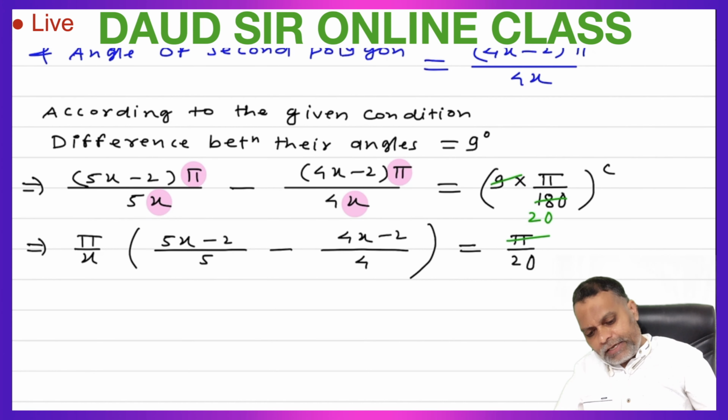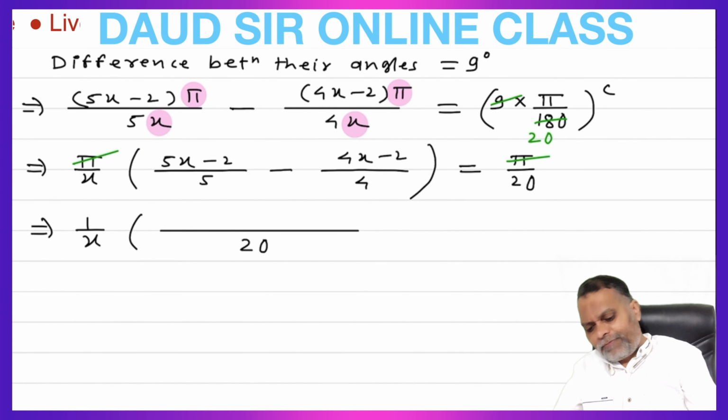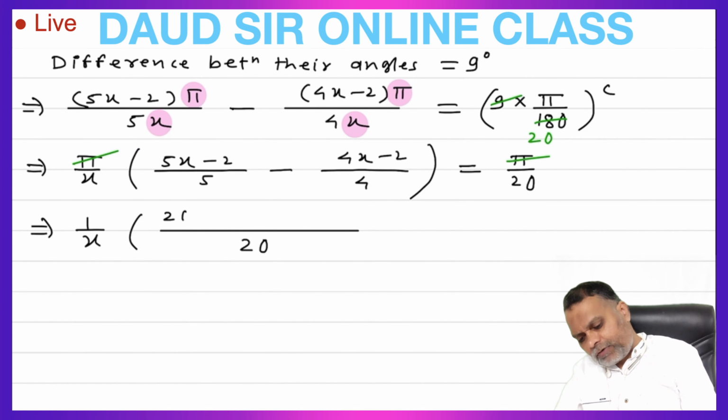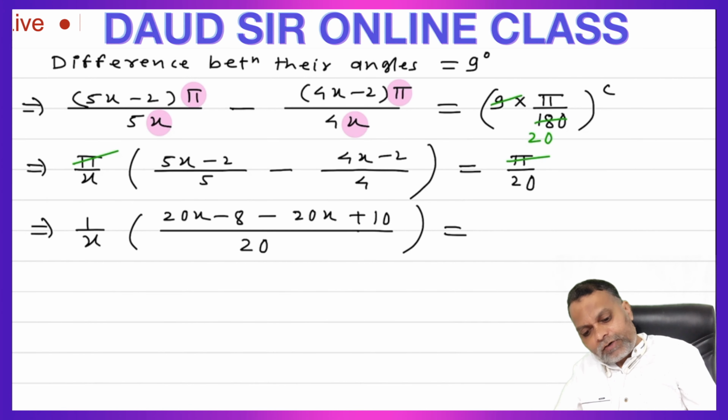Now this pi gets cancelled, which implies 1 upon x. Take LCM here. LCM of 5 and 4 is 20. Dividing by 5, 5 4s are 20, multiply by 4, 4 5s are 20x, minus 4 2s is 8. Dividing by 4, 5 times, multiply by minus 5, minus 20x, minus minus plus 5 2s is 10. Equal to 1 upon 20.